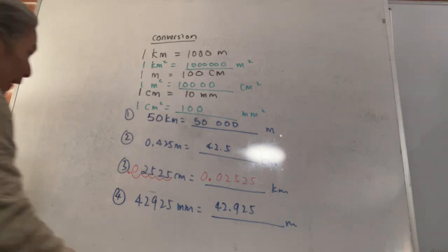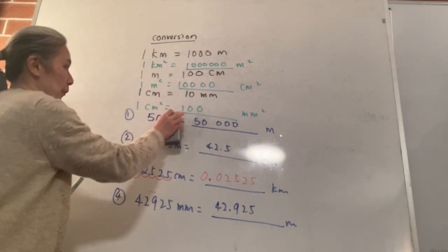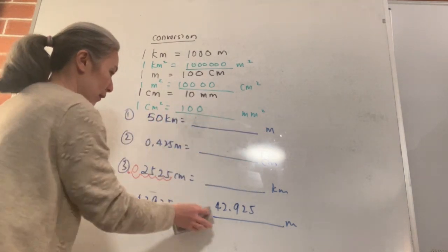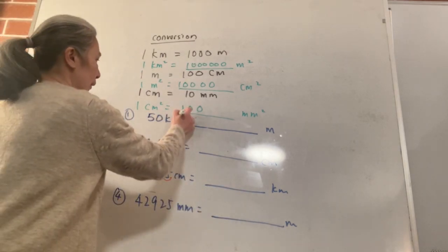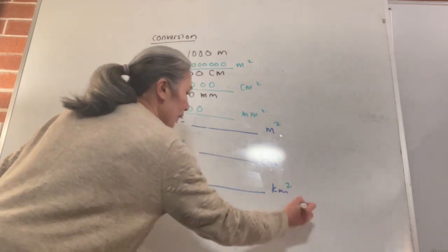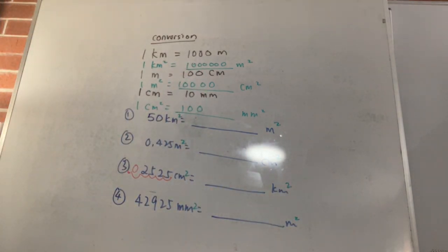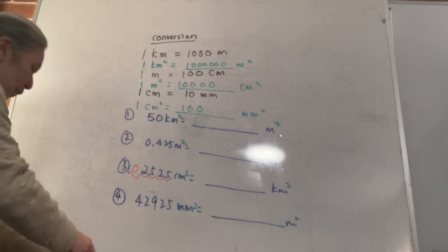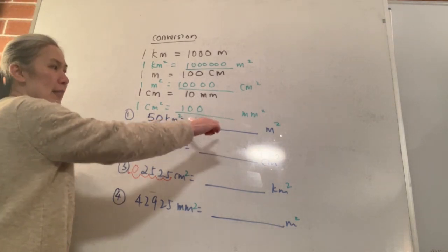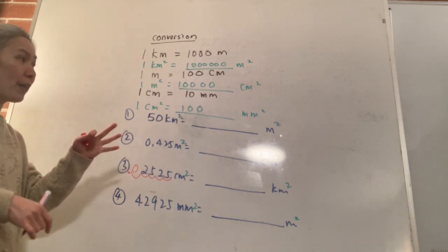So now let us change the questions. Right, let's look at it one by one. So if you have 50 kilometer to meter is already 3 zeros. Now you need to square your 3 zeros.